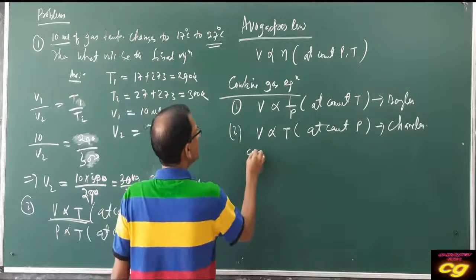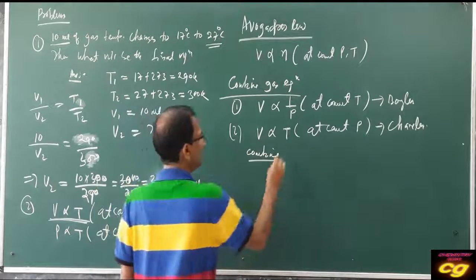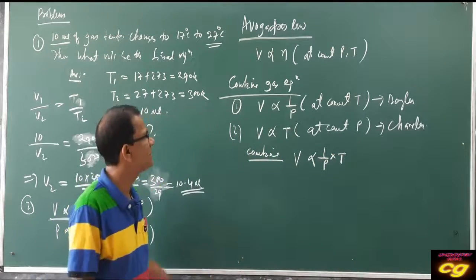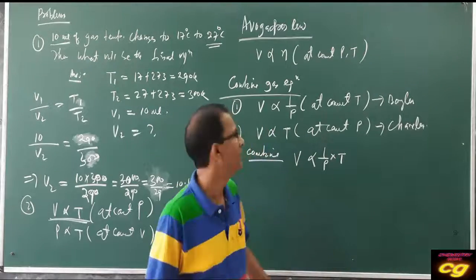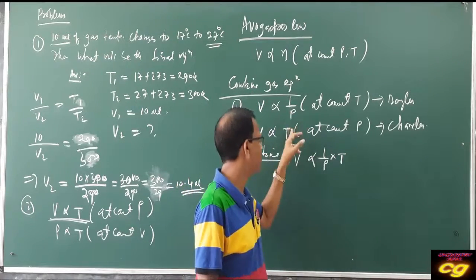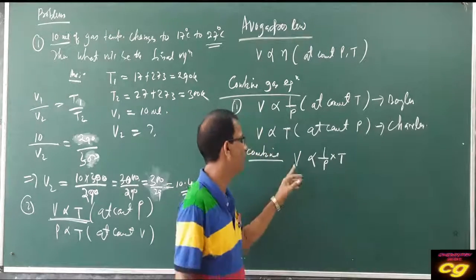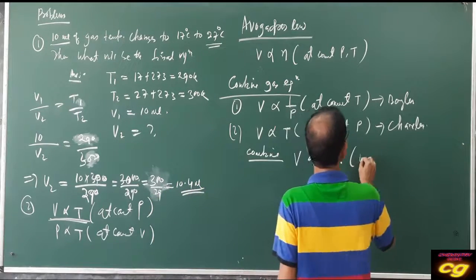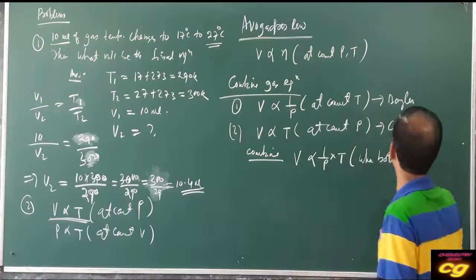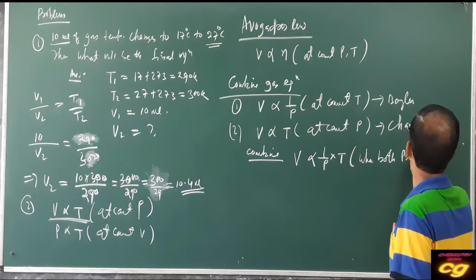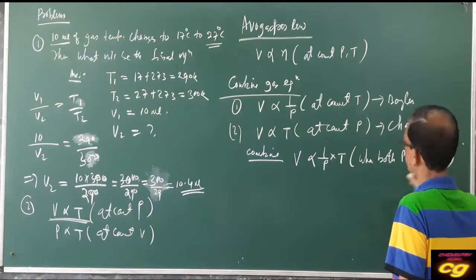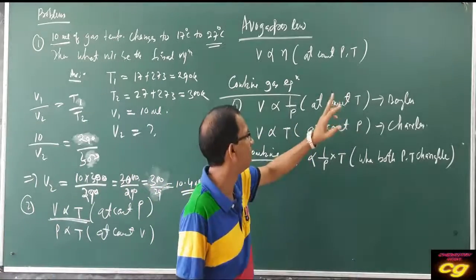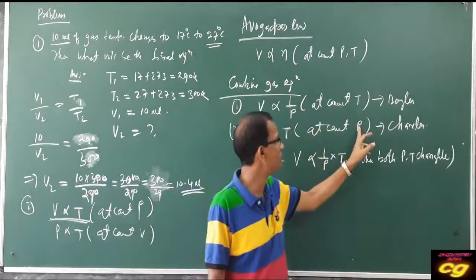If you combine them, what do you get? V is proportional to T by P. In mathematics, if two quantities are both proportional, then when combined the proportionality factors are multiplied. So V is proportional to 1 by P, and V is also proportional to T. In the first law T is constant but P changeable; in the second law P is constant but T changeable.